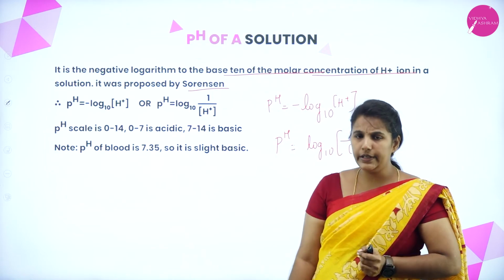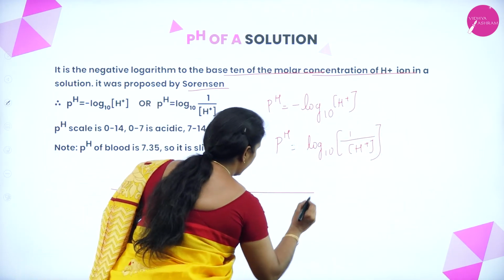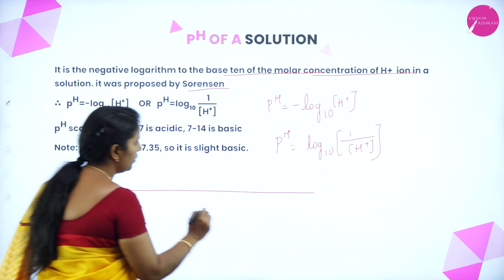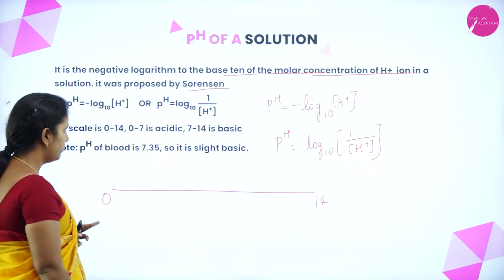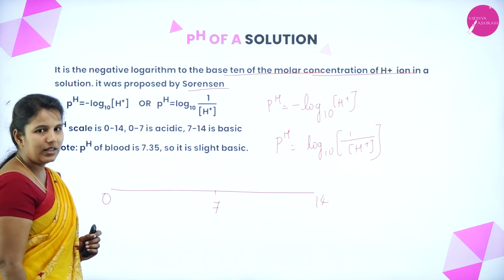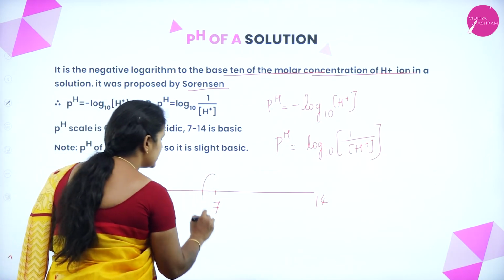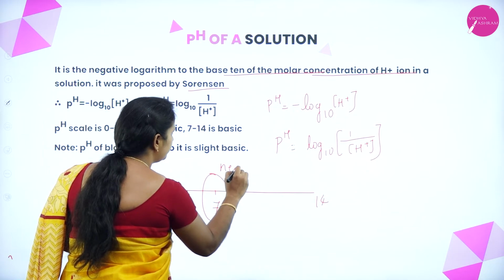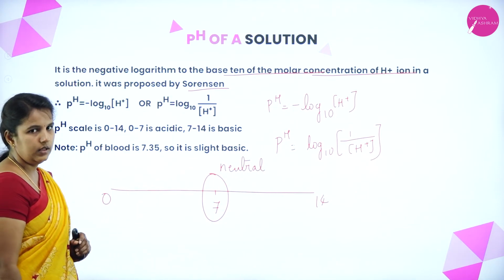Now, already you have an idea about the pH scale. It ranges from 0 to 14. At the center, at the point 7, we call this place the neutral state. Okay.